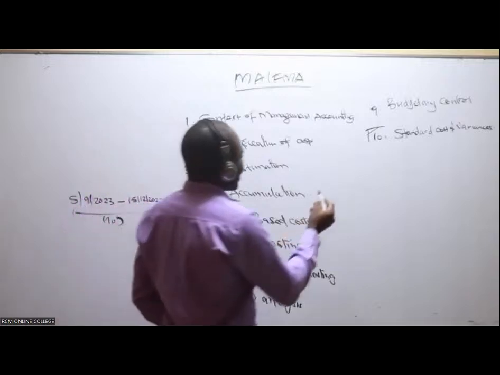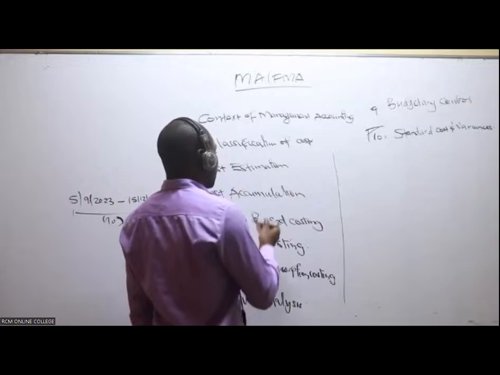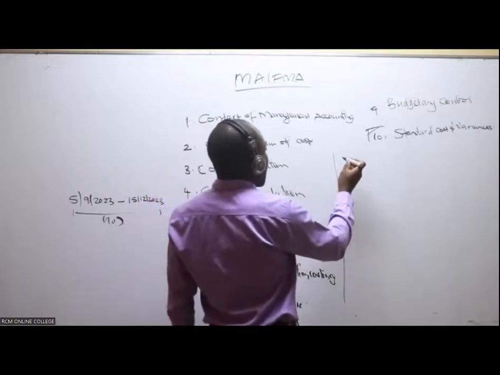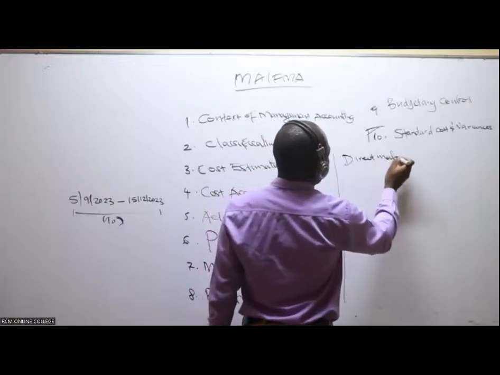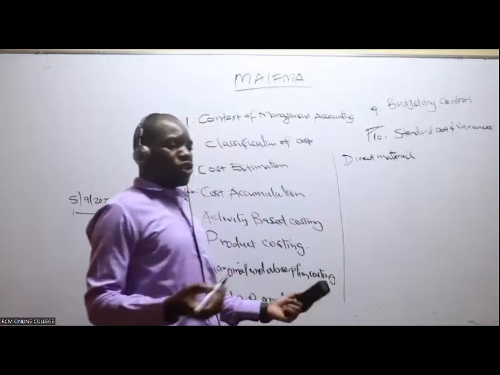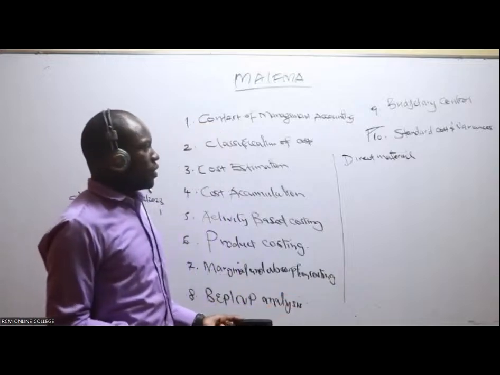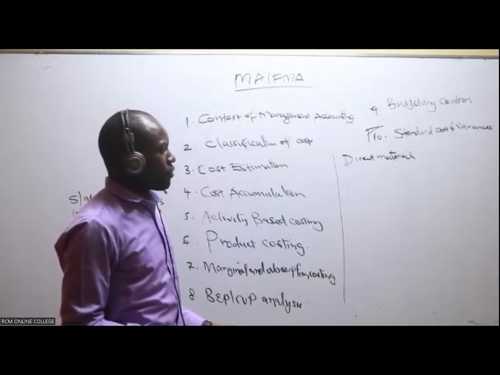I need to understand, under cost accumulation, what do I have under direct material, the material cost?